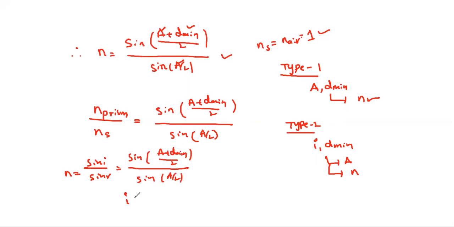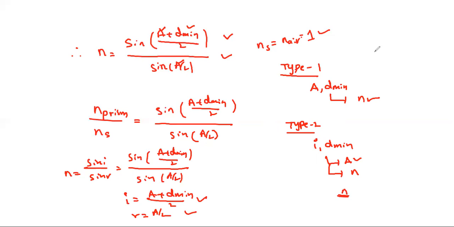After comparison, you will get I is equal to A plus D minimum divided by 2 and r is equal to A by 2. So substitute in these two equations, you will get the A value, and after getting the A value, use the same formula, sine of A plus D minimum divided by 2 by sine A by 2, so that you find out the refractive index of the prism.